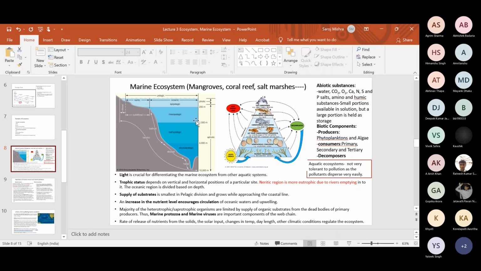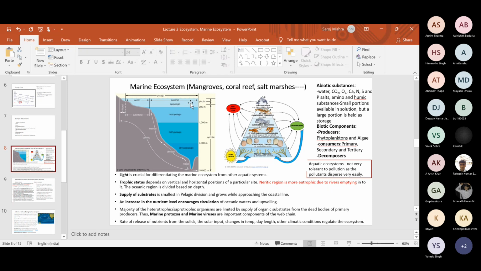these regions are very, very different in terms of the kind of life forms that they have. And you can understand why it is important, because first of all, light is extremely important in this kind of ecosystem. Okay, so in terms of light, what you see is up to 200 meters, this particular region is called the photic zone.